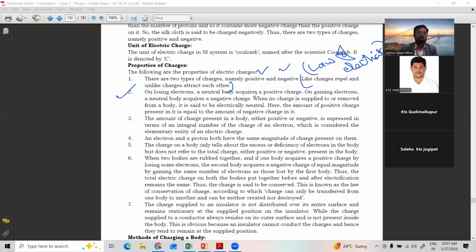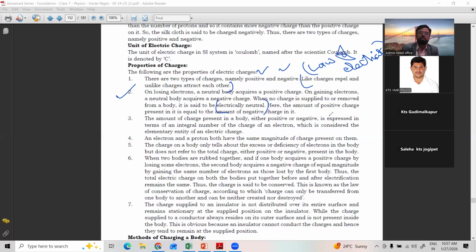Then, on losing electrons, a neutral body acquires a positive charge. A neutral body means it contains the same number of electrons and protons. When electron transfer takes place, that gives one charge, positive charge. On gaining electrons, the neutral body acquires a negative charge; the body which receives the electron gets the negative. When no charge is supplied to or removed from the body, it is said to be electrically neutral.